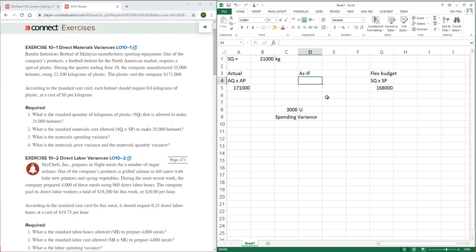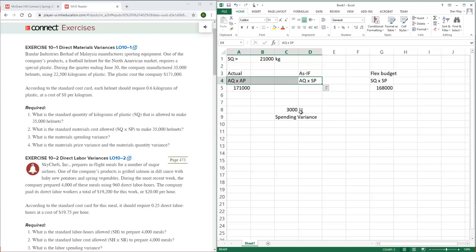And again, that's at our actual level of output, but that's our actual quantity of input times the standard price. That way we can isolate differences in quantity on this side, the AQ versus the SQ, since the SP is the same. And we can isolate differences in price on this side. The AQs are the same, the AP and the SP, there's our difference in price.